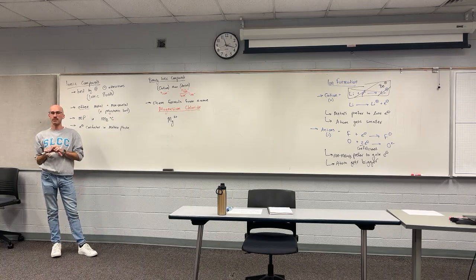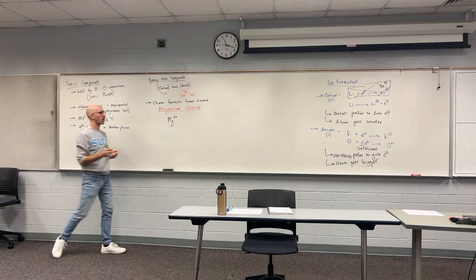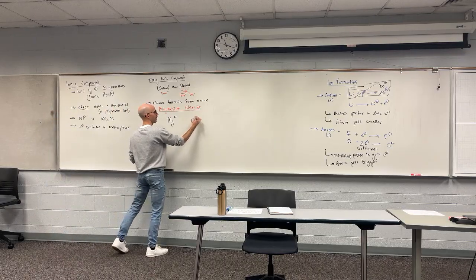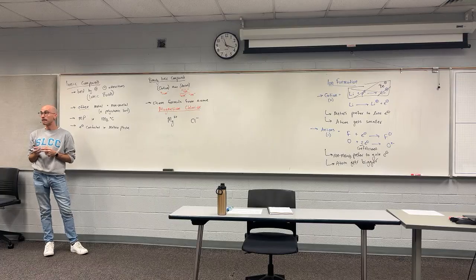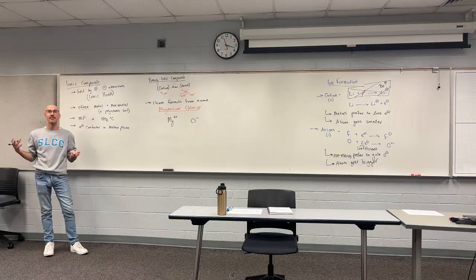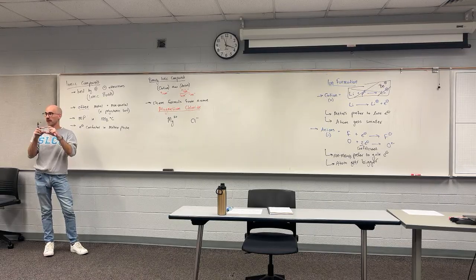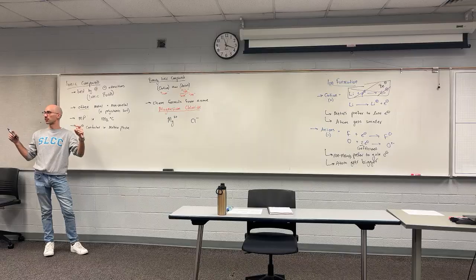Based on your periodic table, what charge does chlorine like? 1 minus, Cl−. Ionic compounds must balance charge. If they don't, they're still ions. By being called a compound, they are meant to be neutral.